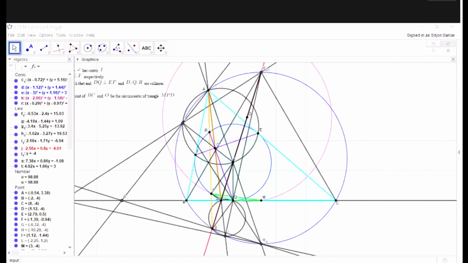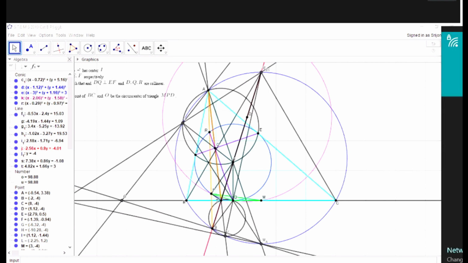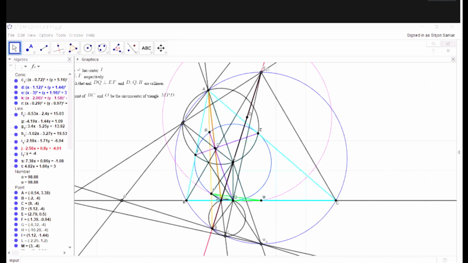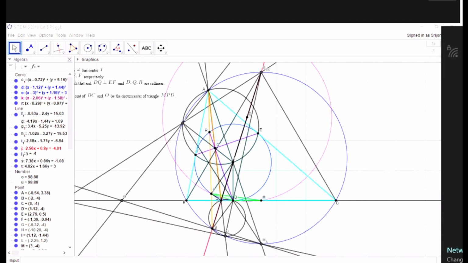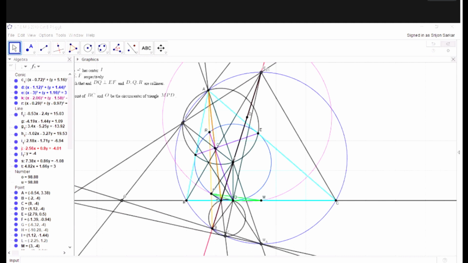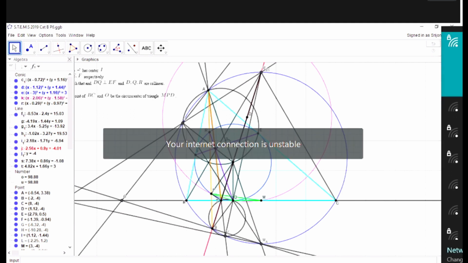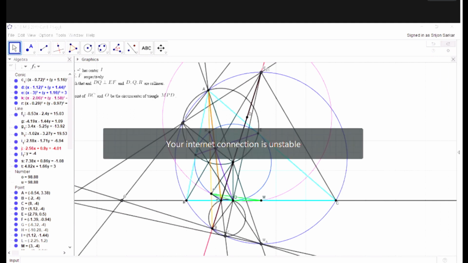A few more left. Yeah, IP equal to ID because of radius reasons, like the radius of some circle. Clear?